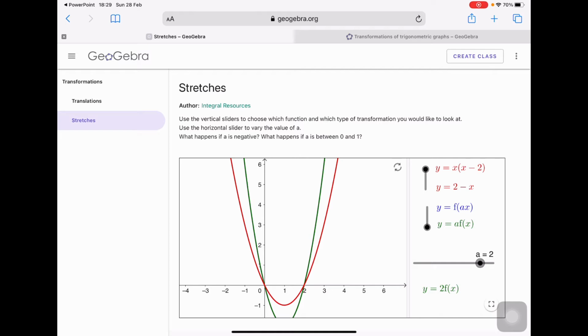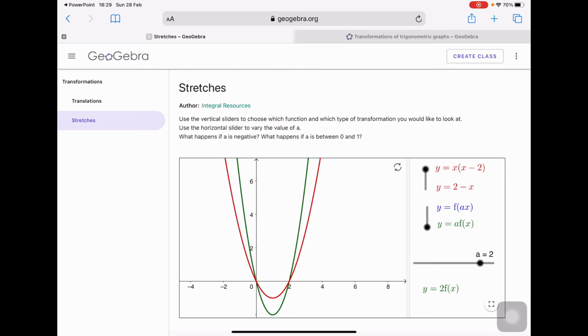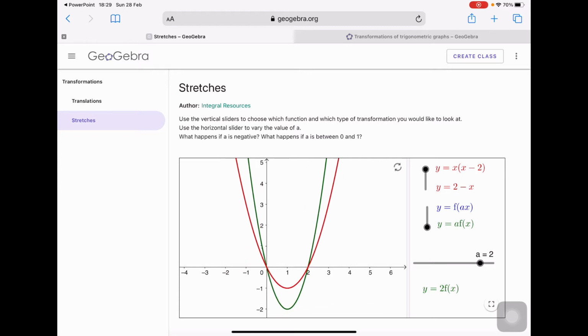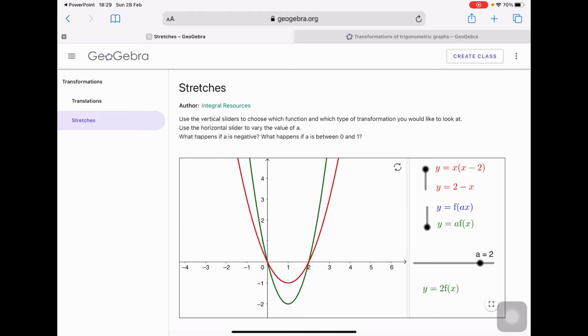And 2f of x, as we saw in the previous example, we're multiplying all our y values by 2. So, for example, this minimum point is -1, as in the y value is -1. So the coordinates are 1, -1. The new minimum point is 1, -2. Why? Because the y value, which is -1, is being multiplied by 2.